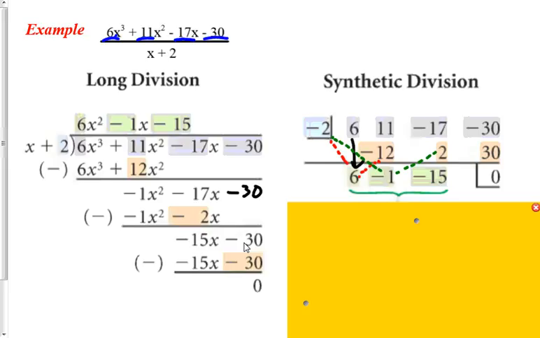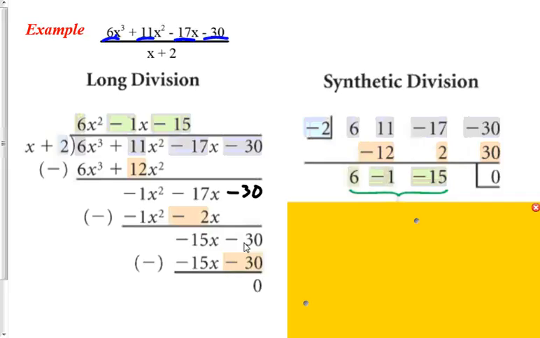Negative 17 plus 2 is equal to negative 15. Next, I'll take negative 15, multiply it by negative 2, and that gives me positive 30. And simply negative 30 plus 30 equals 0. So now I have this 6, this negative 1, this negative 15, and this 0.